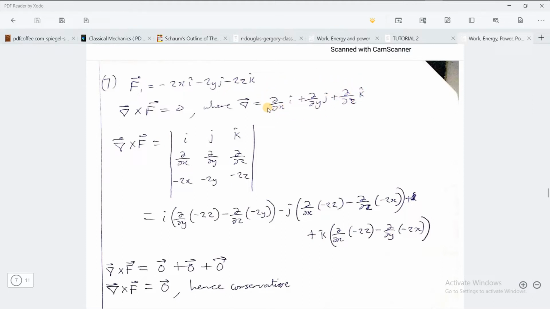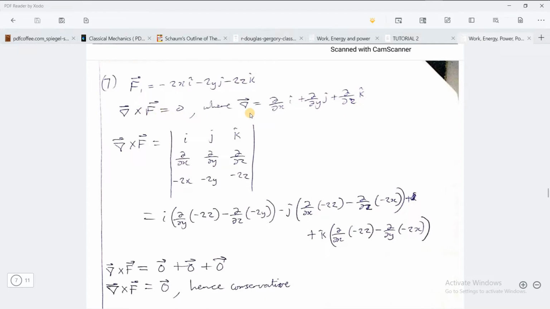This operator operates on a quantity which we've been given, and as you can see it's a vector, because it has basis vectors i, j, k.